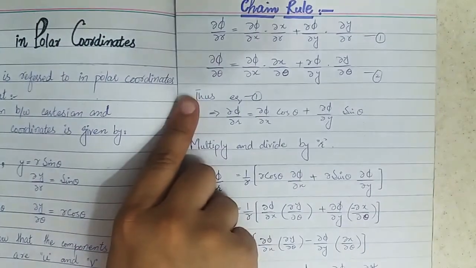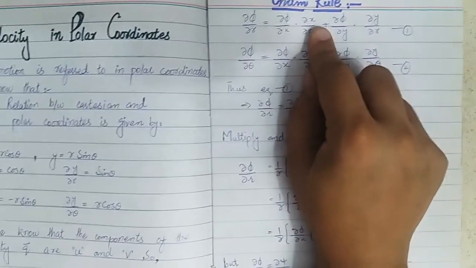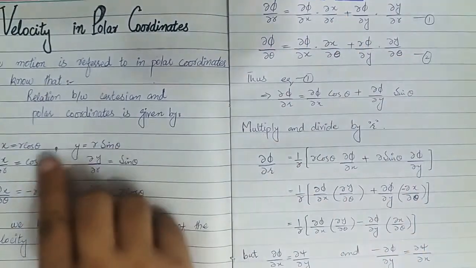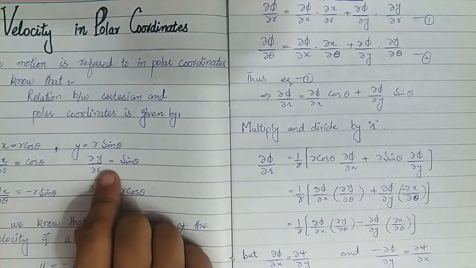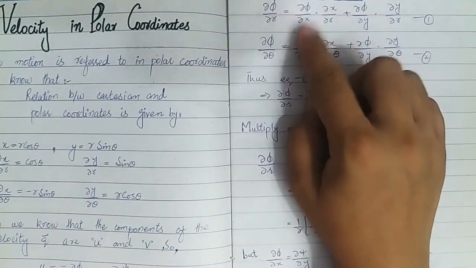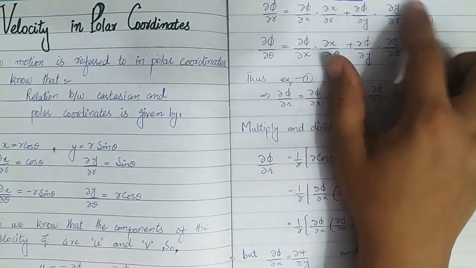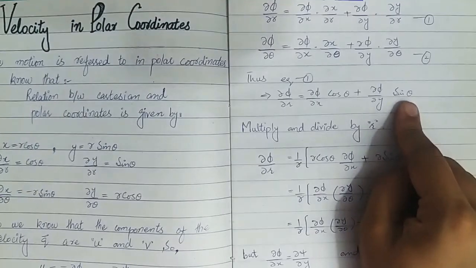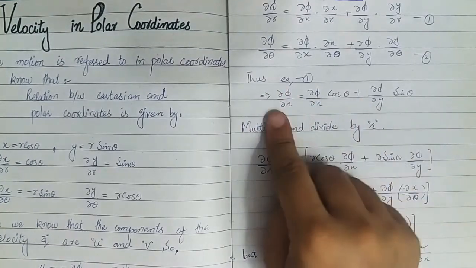From equation 1, partial x by partial r is equal to cos theta, and partial y by partial r is equal to sin theta. So equation 1 will become partial phi by partial x into cos theta plus partial phi by partial y into sin theta. Now multiply and divide this equation by r.